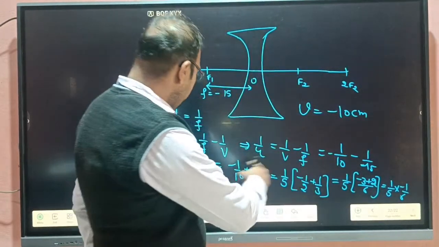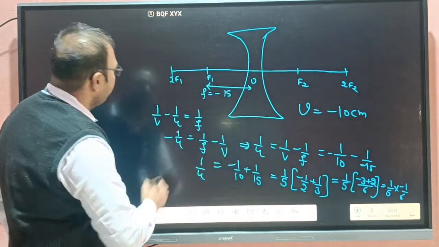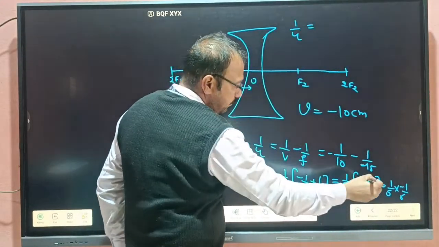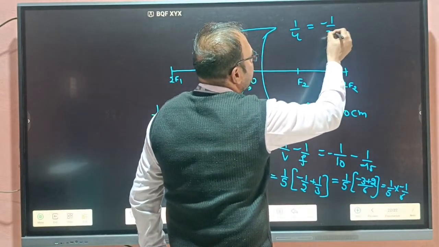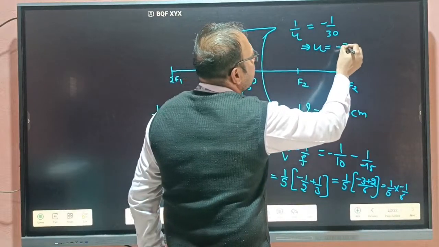So 1 by U is equal to minus 1 by 30, which implies U is equal to minus 30 centimeter.